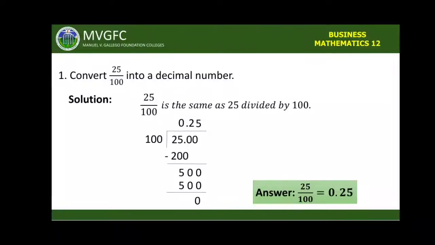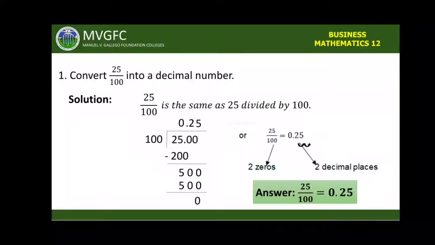So we can actually solve this fraction using a shortcut method. This is just simply count the decimal places or the number of zeros. For instance, we have 25 over 100. The number of zeros in 100 or in the denominator is 2. We have 2 zeros.